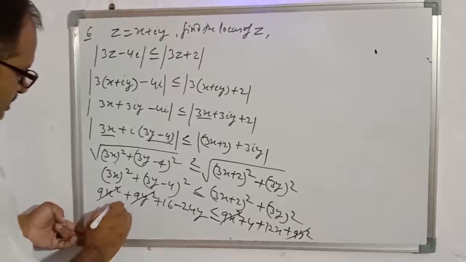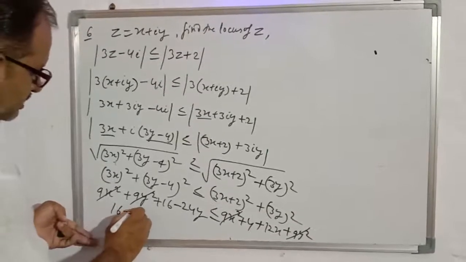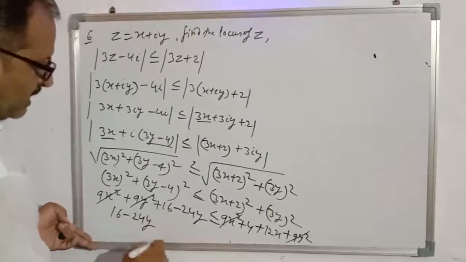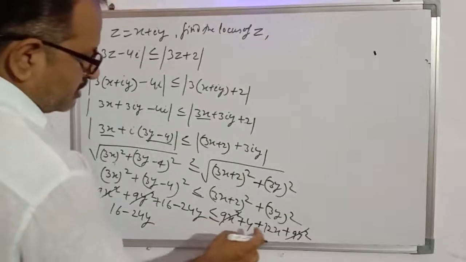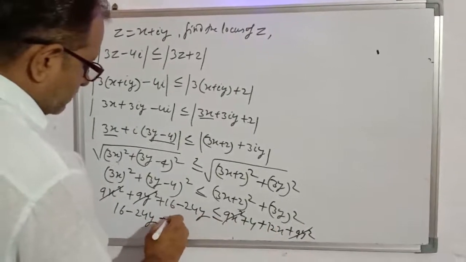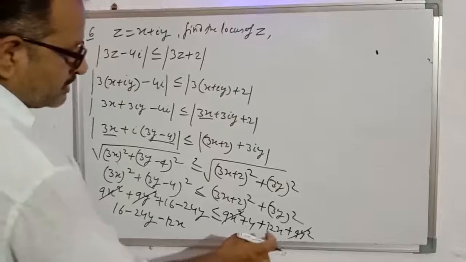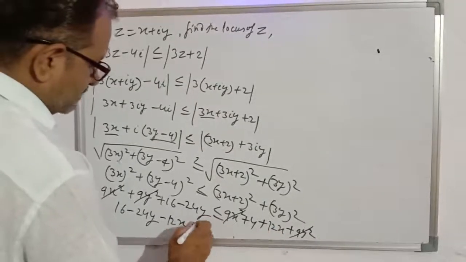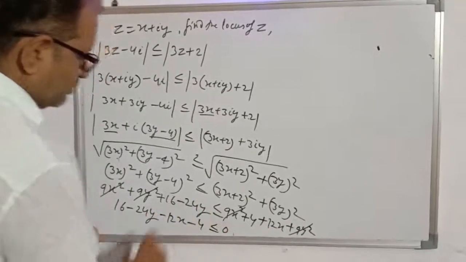So 16 − 24y, transposing 12x, −12x − 4 ≤ 0.